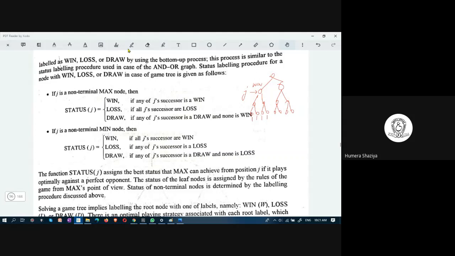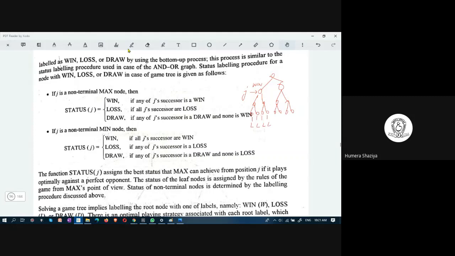Now consider this J non-terminal node. This is labeled as loss when all the successors lead to loss. If all these four terminals are labeled as loss, only then this could be labeled as loss.